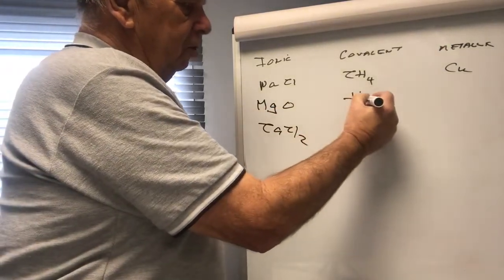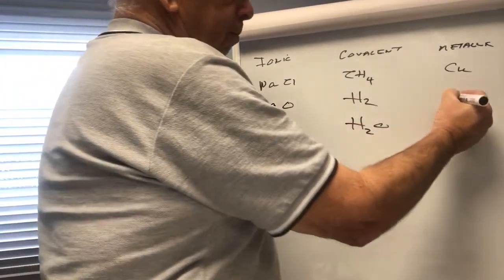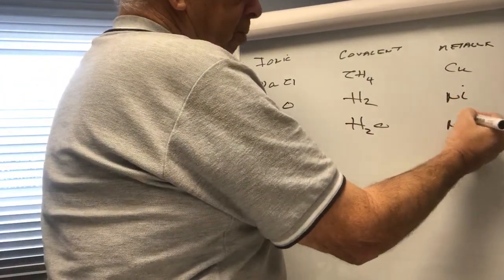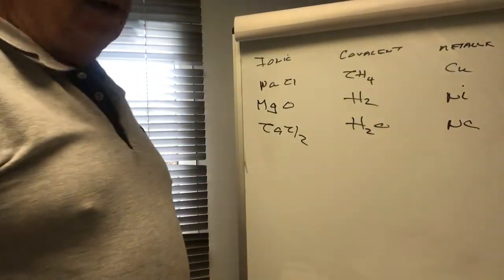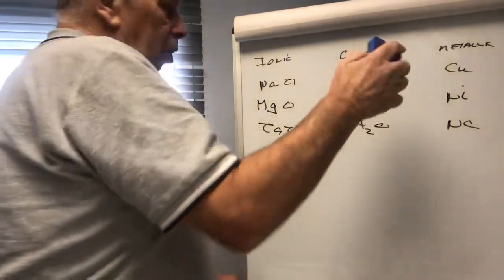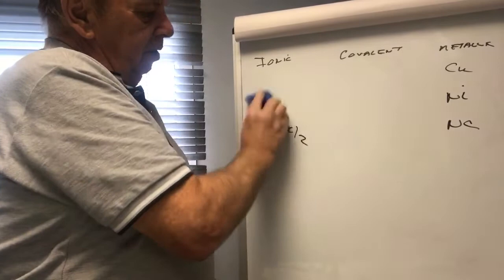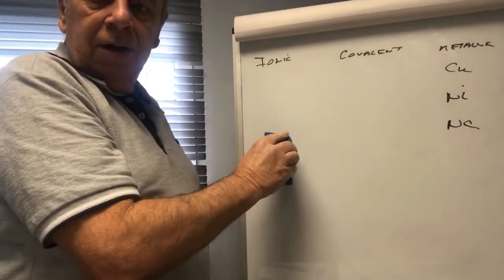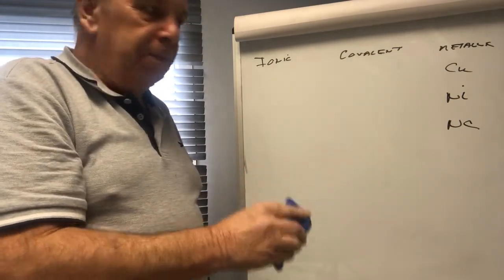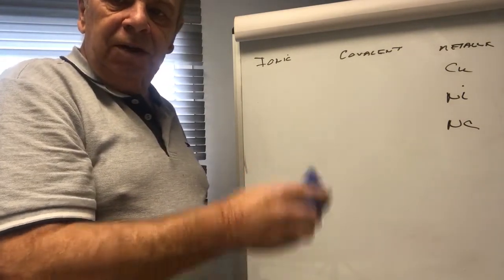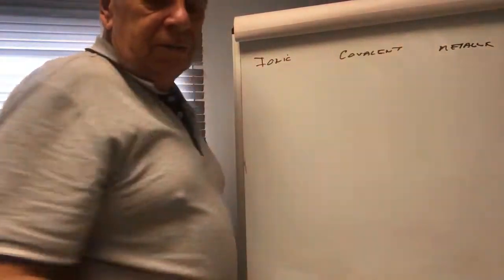Covalent: hydrogen gas, water, the wet stuff. So if something contains just non-metals, it's a covalent bond. If it contains metal and a non-metal, it's an ionic bond. And if it is a metal, it just contains metal atoms.